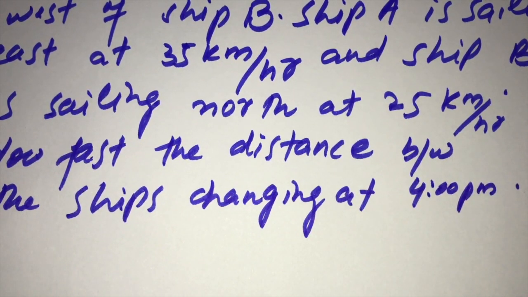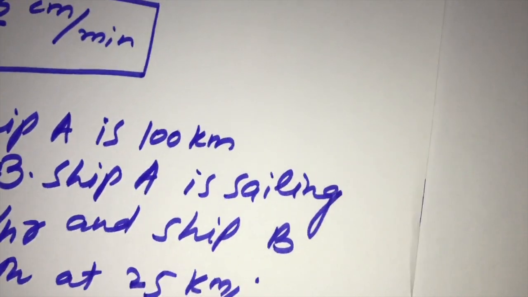Okay, so first we make the diagram and then we write our given data. In this question we take another approach in which we first make the diagram and then we write our data. In the diagram we make the axis in which we show the north, south, east and west.